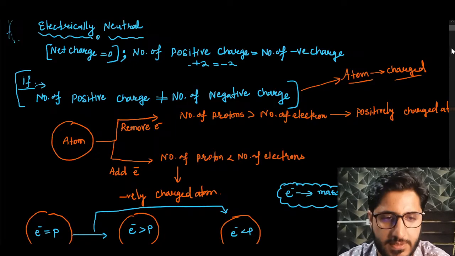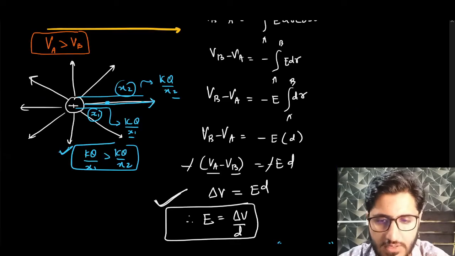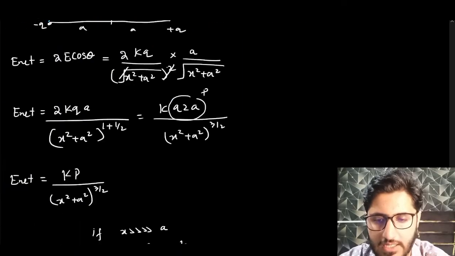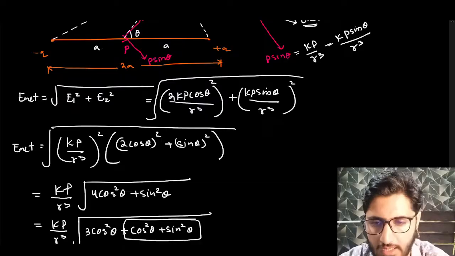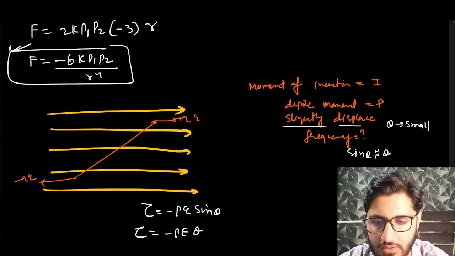These are some things that we had discussed in the last few classes. Electric dipole was my last class, and the potential. Yeah, this was my last class in this particular slide.